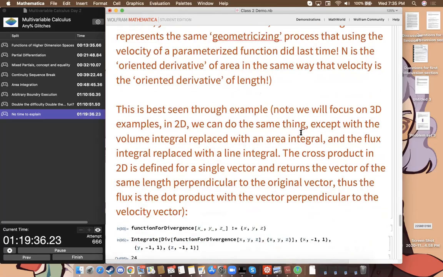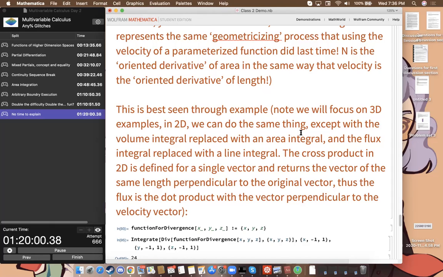So we'll be looking at some examples. The examples we'll be looking at are all three-dimensional. Gauss's law actually still works in 2 dimensions because the cross product is the specific case of something that can actually be defined in 2 dimensions as well. If you think about what a cross product is, it's that thing that gives you a perpendicular vector.